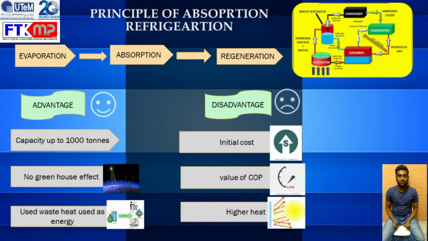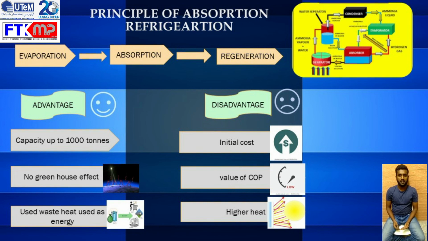The next one is that this system can use solar heat or waste heat from an engine to provide energy for the system. So from this, we need not spend more to supply energy for the system. The last advantage of the system is no greenhouse effect.